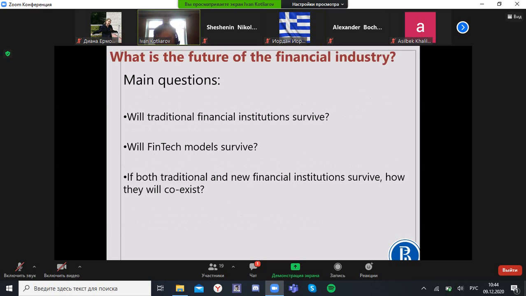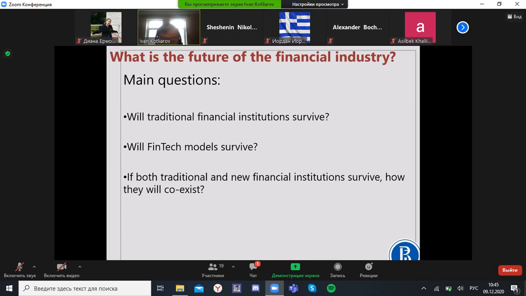Okay. What is the future of the financial industry in general? Ladies and gentlemen, we have three main questions. Will traditional financial institutions survive? Will fintech models survive? Are fintech models popular for a long period of time, or are they in hype right now, but will not survive in the future?